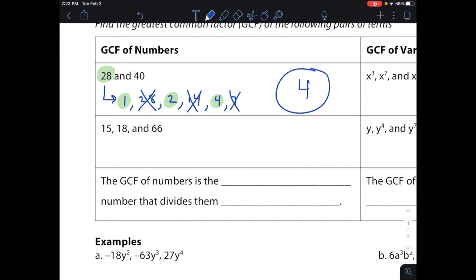Similarly, we can look at a group of 3 numbers, and I'm going to do the same thing. I'm just going to start with 15, and I'm only going to look at 15. The factors of 15 are 1 and 15, because 1 times 15 is equal to 15. Then 2 doesn't go into 15. 3 does, and I know it's 3 times 5, so I can write 3 and 5 in the list.